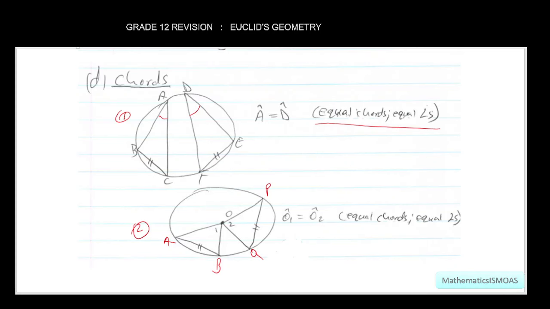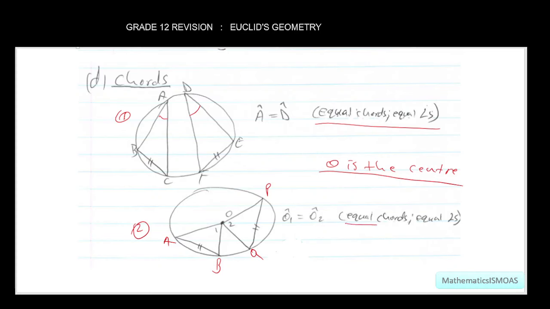Therefore, angle O1, remember O is the center, then we are saying angle O1 will be equal to angle O2.